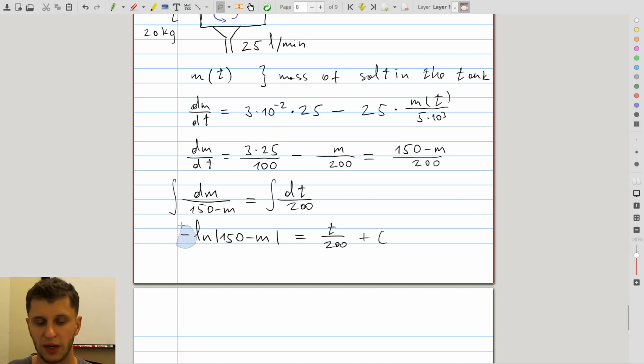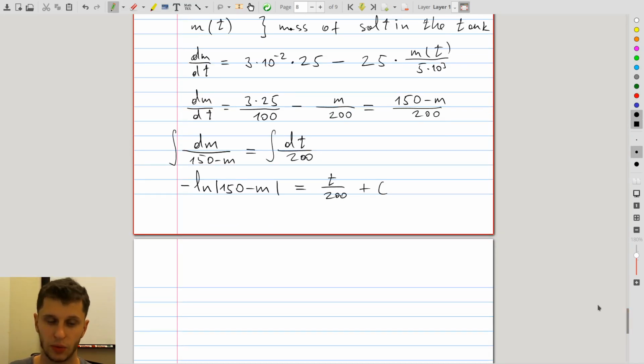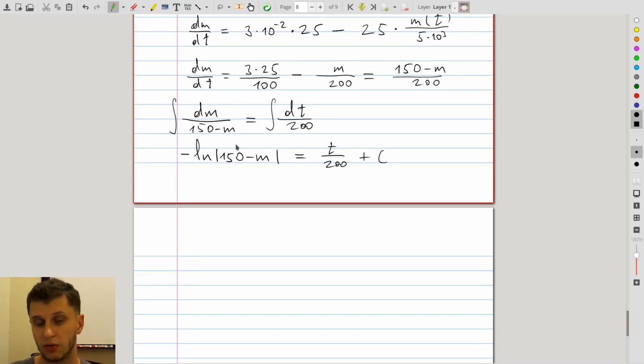I have to put a minus sign up front to account for the minus sign before m, which will generate a spare factor of -1 in the chain rule. Alternatively, you can think of this as us performing a u-substitution, and this minus sign pops out of the u-sub. So this is what you'd get if you set u to be 150 minus m.